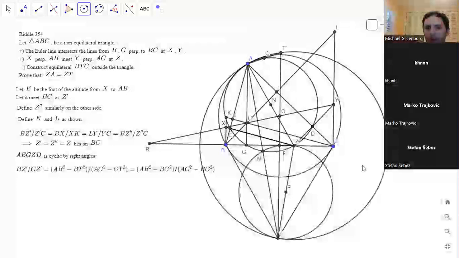So we could find RB over RZ and then RC over RZ, and then take a ratio. Maybe that would work. I kind of like that idea.